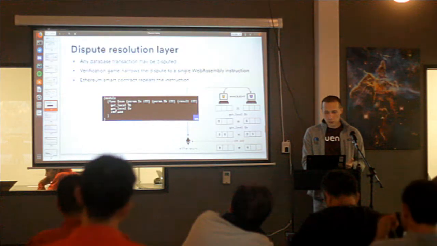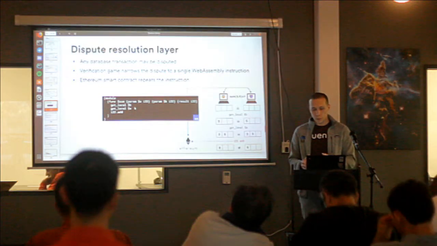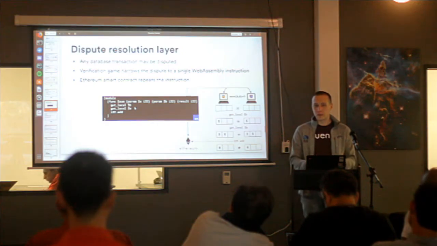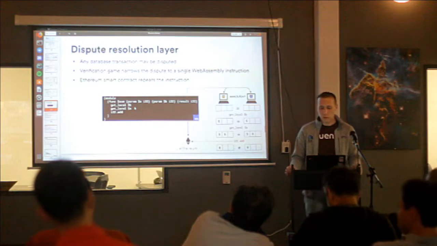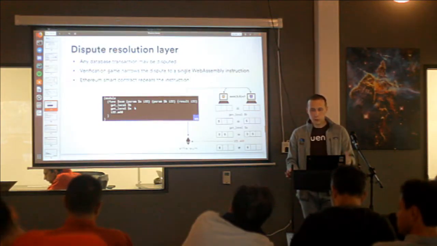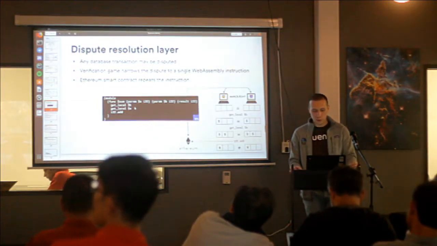In this case, Ethereum is very computationally bounded, but your machines, like the validators and the database nodes, have lots of power. They can be really powerful. So in this way, you do not overload a blockchain with your computation. You only rely on the fisherman.